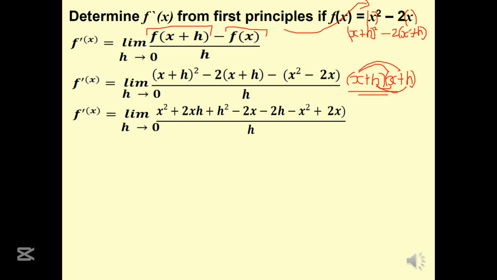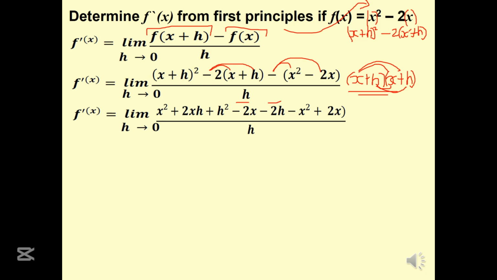When I remove those brackets, it's negative 2. Therefore, it must give me negative 2x and negative 2h. Then when I remove the last brackets, there is a negative outside that will give me negative x squared, and the next one, negative times negative, makes it a positive 2x.